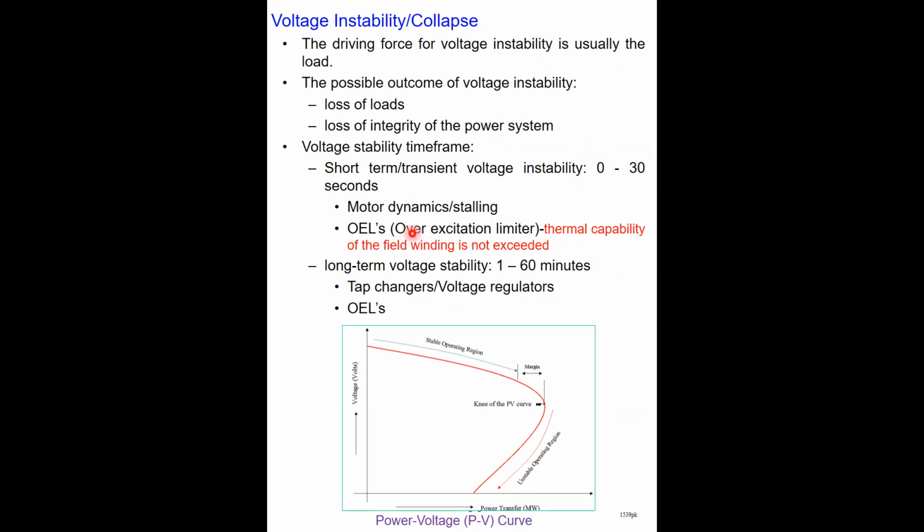Then another one could be control action through the AVR on the excitation system of the generator.